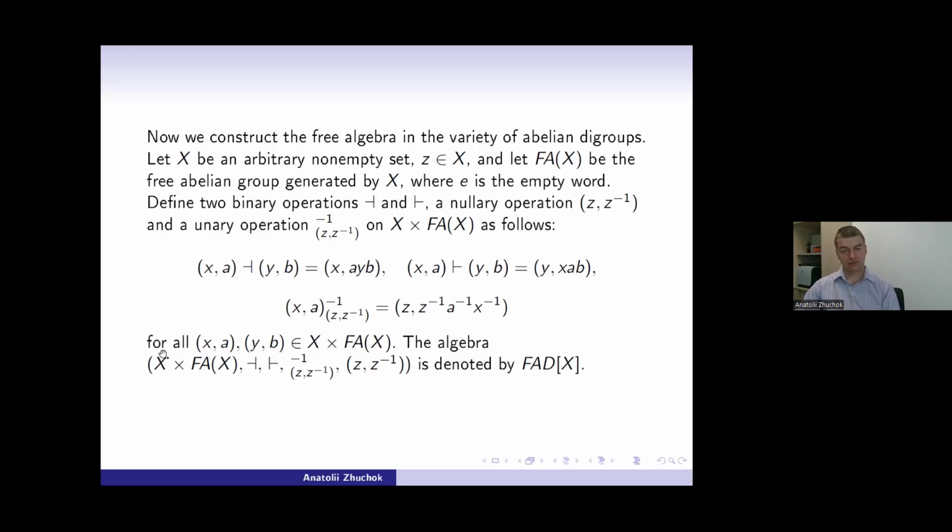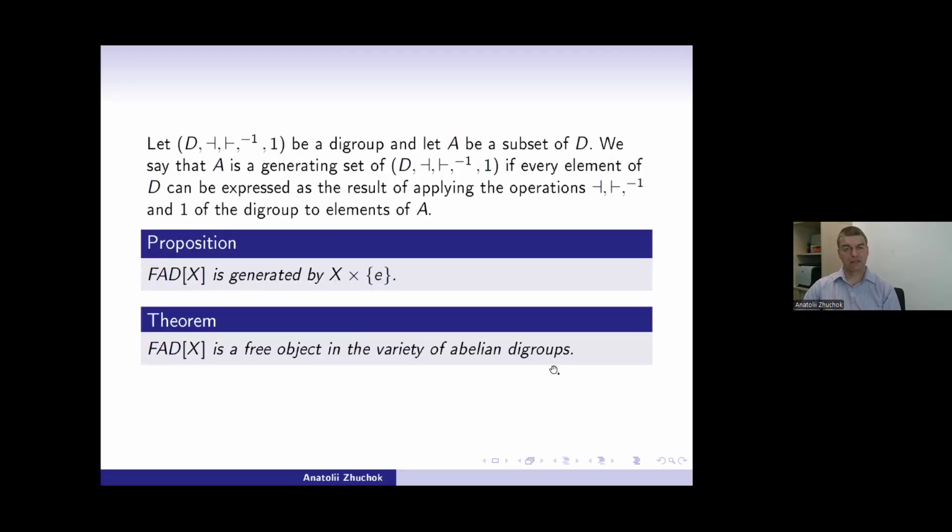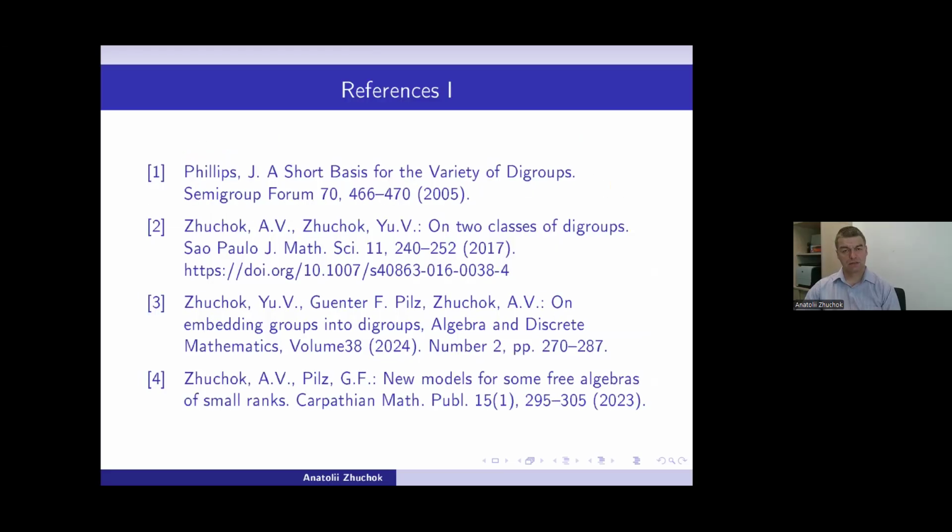And then the algebra with such a signature is denoted by FADX, and FADX is generated by X times E. Here is the definition of the generating set. And the theorem: FADX is a free object in the variety of abelian D-groups. Yes. And here are the references.